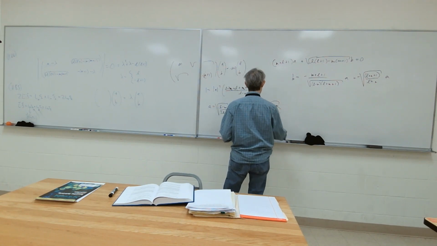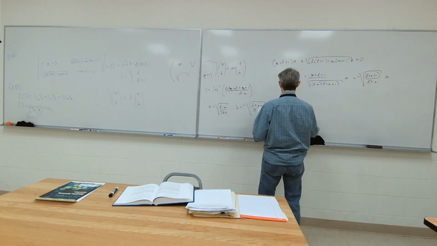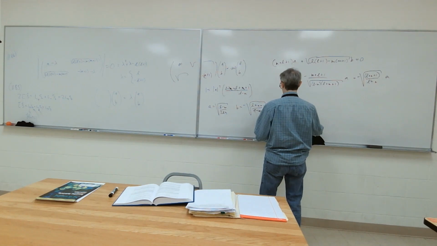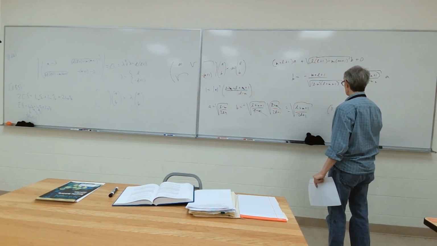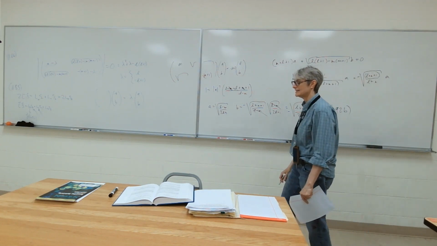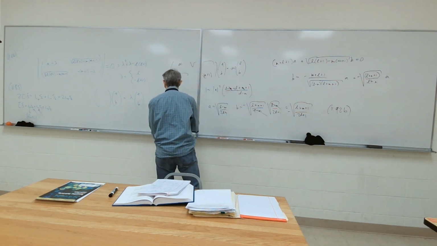This goes away with this, and you just get minus, minus is outside, thank you, the square root of L plus M plus 1 over 2L plus 1. And that's 1192B. Yay! What do you know? Darwin can do arithmetic if absolutely pressed.